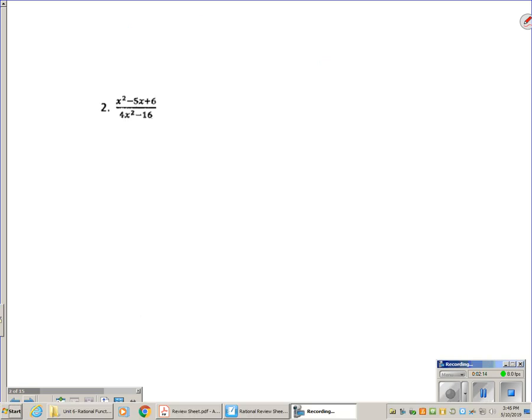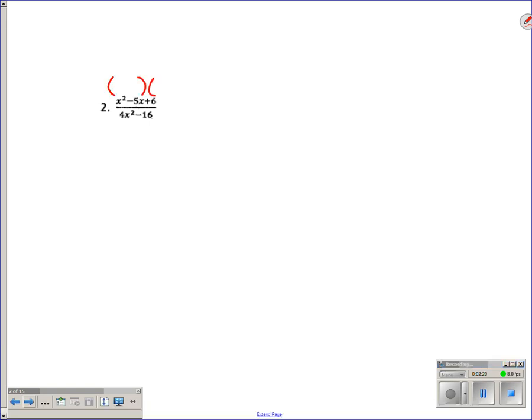Alright, number 2. So again, we're factoring it. It's just one fraction, so all I got to do is factor the top and factor the bottom. Okay, so the top here seems to factor to x minus 3 and x minus 2. It's the factors of +6 that add to -5.